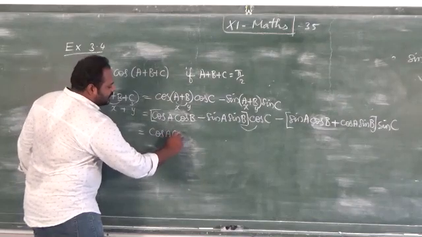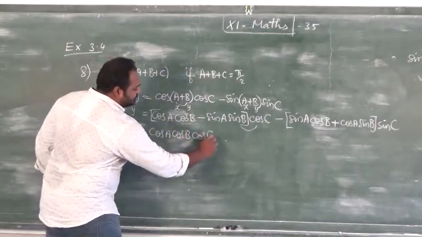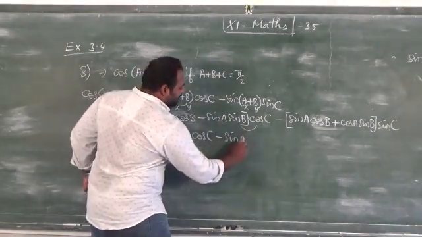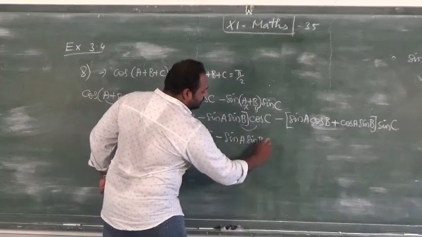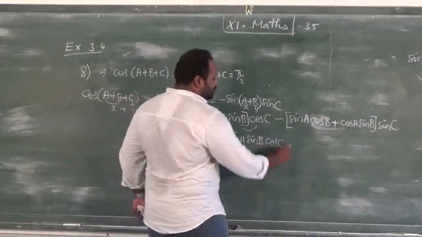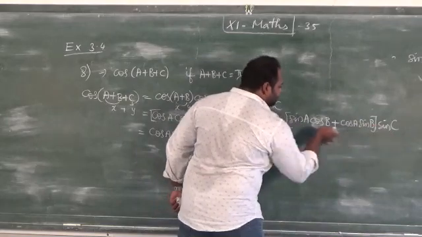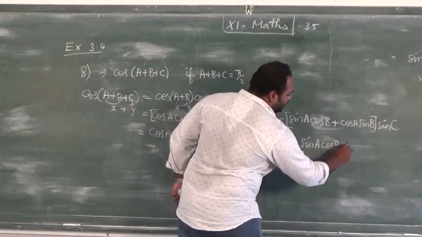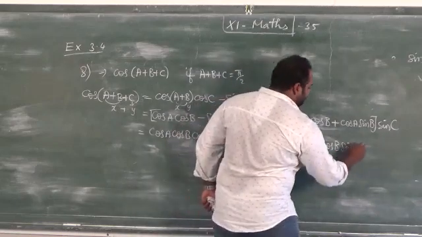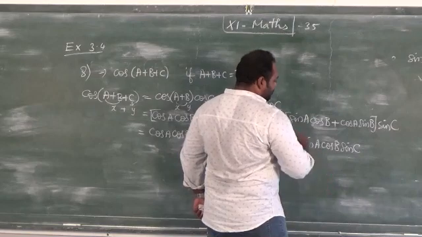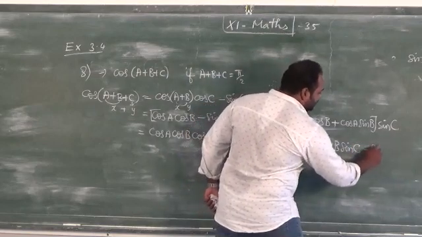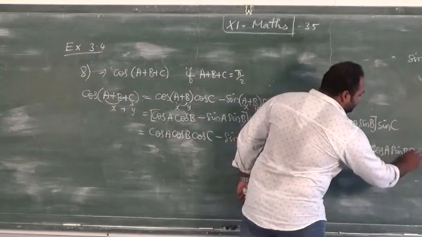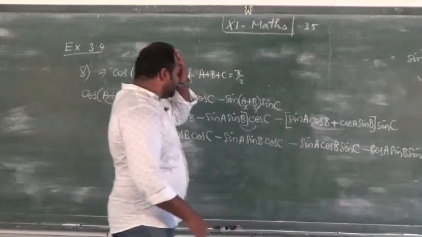Cos a cos b cos c minus, multiplying this term, sin a sin b cos c. Next, multiply sin c inside this: sin a cos b sin c, multiply minus inside, plus into minus gives minus cos a sin b sin c.